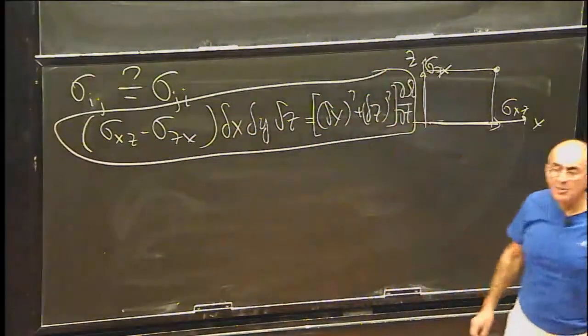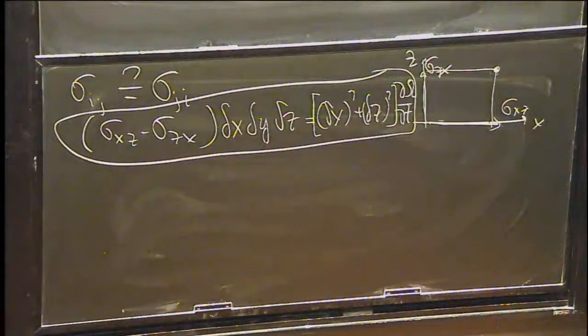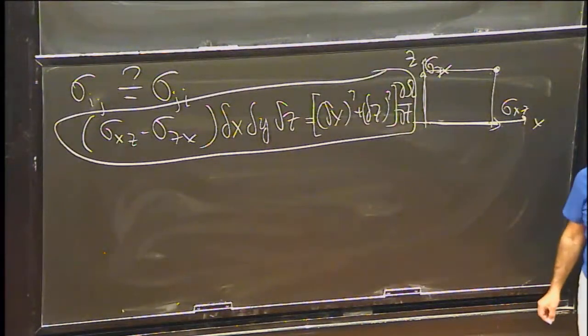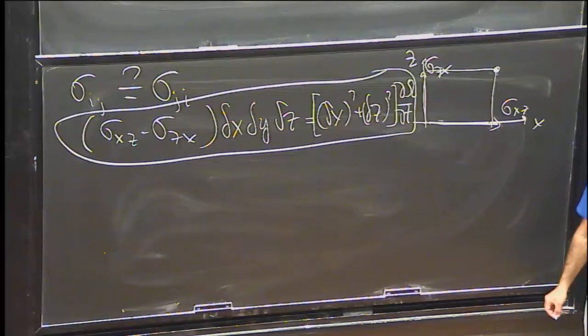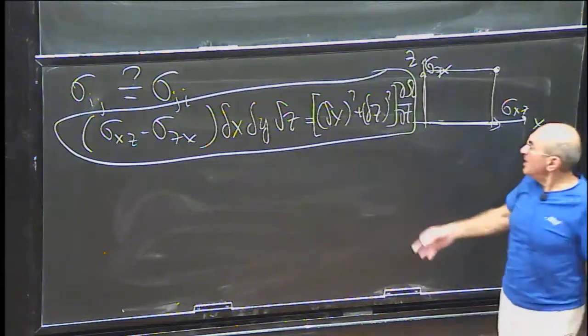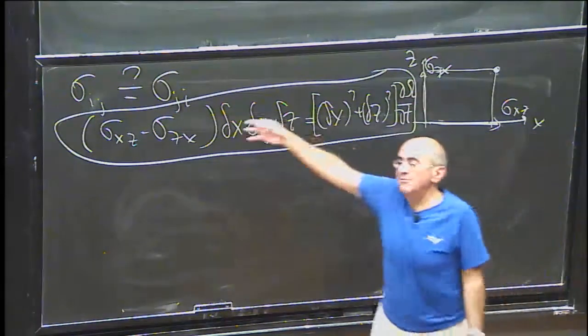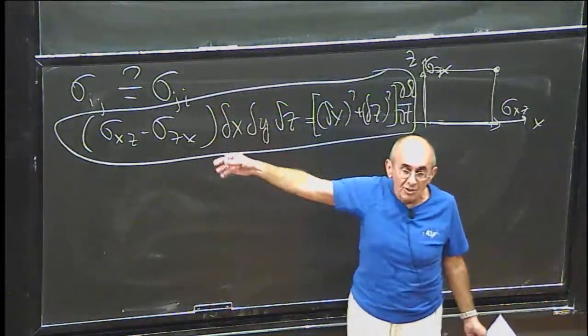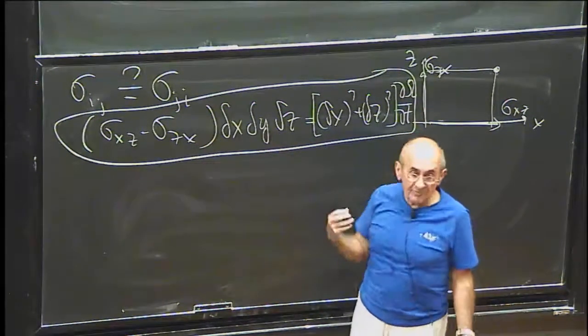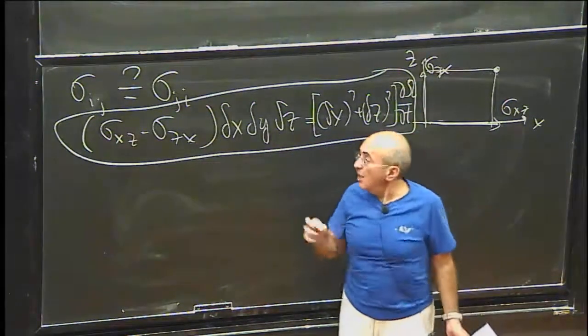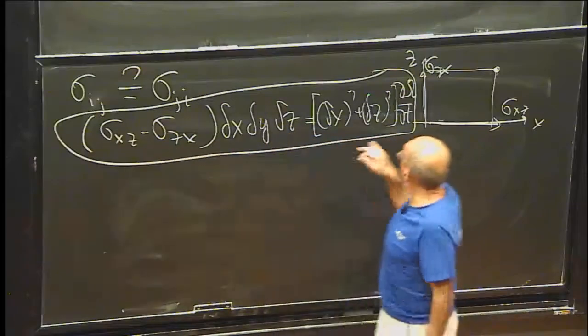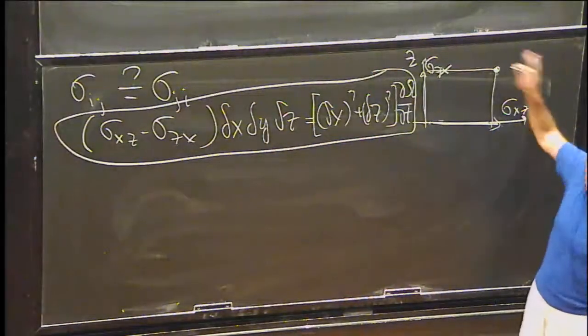Why? It immediately tells me that this must be a symmetric tensor. There is conservation of angular momentum. This is a statement that the change of angular momentum equals the moment of forces acting on it. But I am writing it for an infinitesimal element, at the same point here. At different points, they could be different.